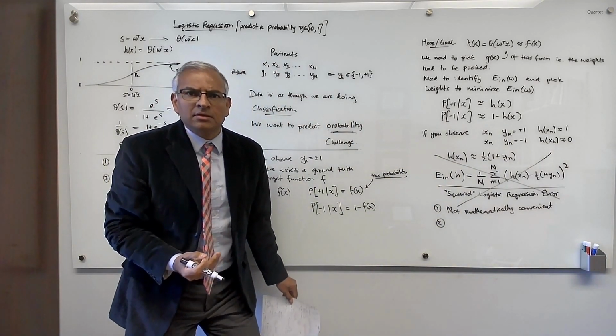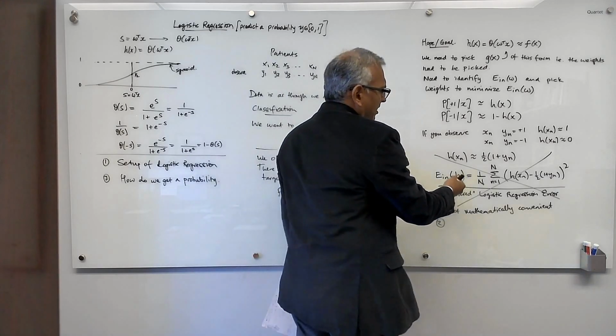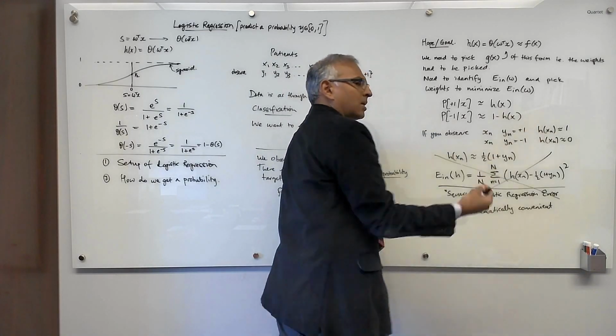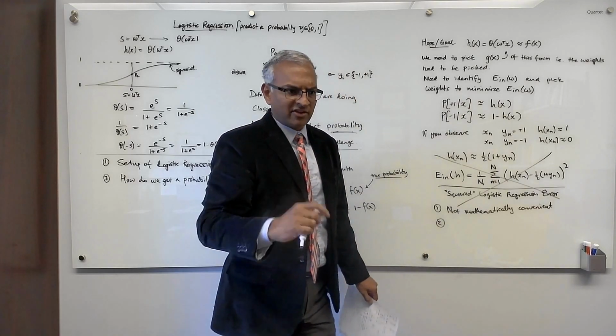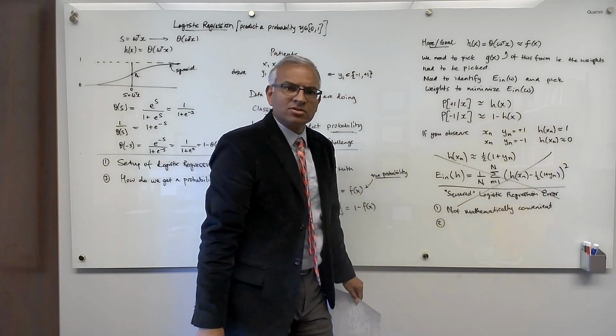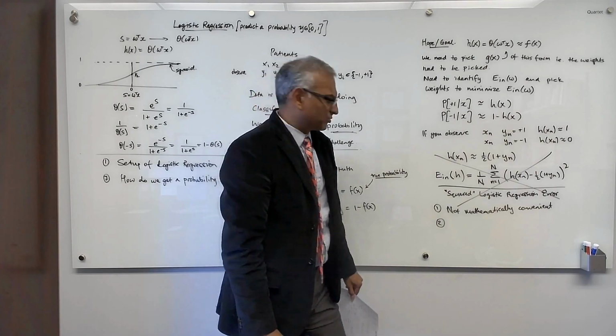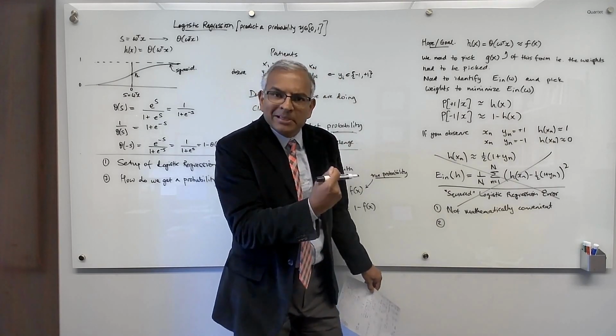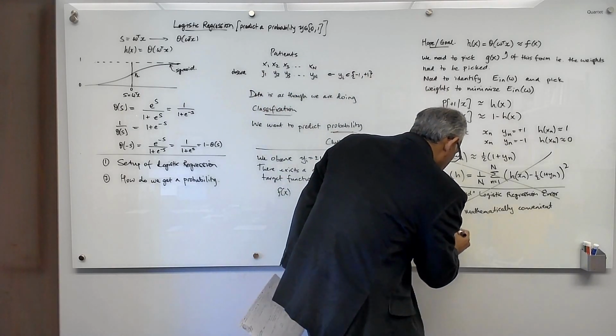where's the probability? All we did was try to make h of x approximately 0 or 1, depending on the value of y_n, but where's the interpretation of h of x as a probability? It doesn't fundamentally use the fact that h of x is a probability.